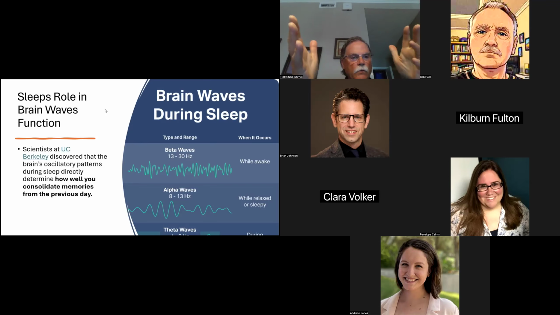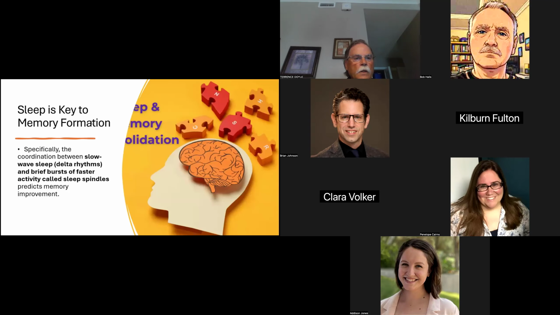Scientists at Berkeley found that the patterns that we talk about, the rhythms of all the brain waves together, is what allows us to consolidate our memories from the previous day. So it is in fact brainwave activity that allows us to take in new information, organize that new information, pass that new information from the hippocampus to the neocortex, and then form consolidated, eventually long-term memories for that information.